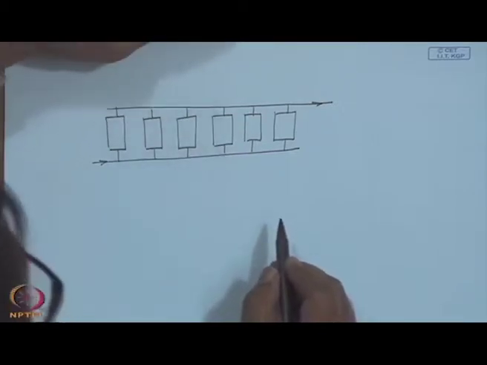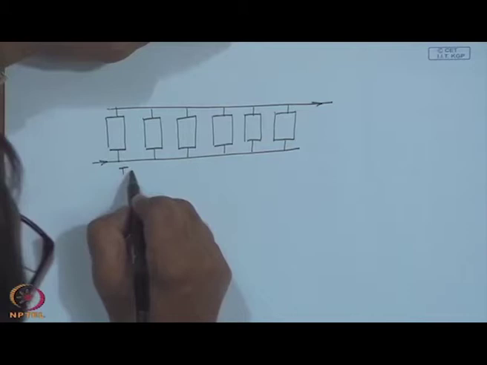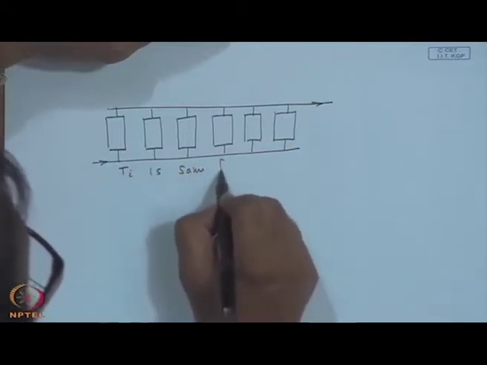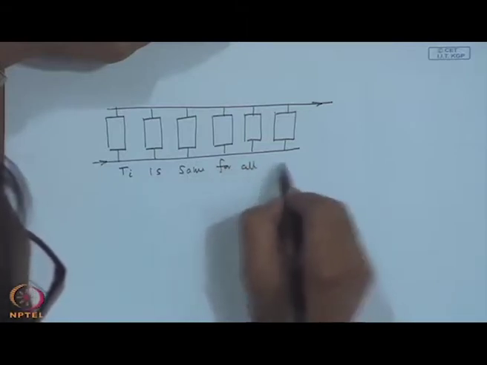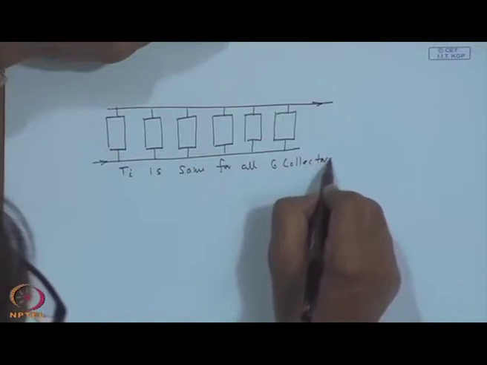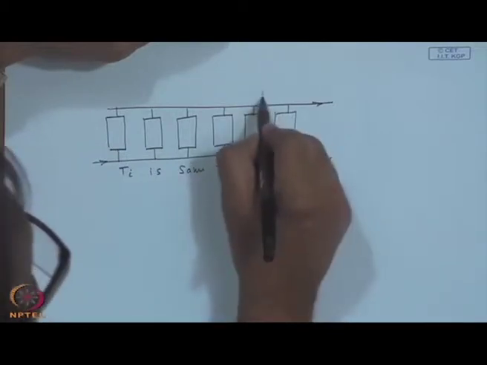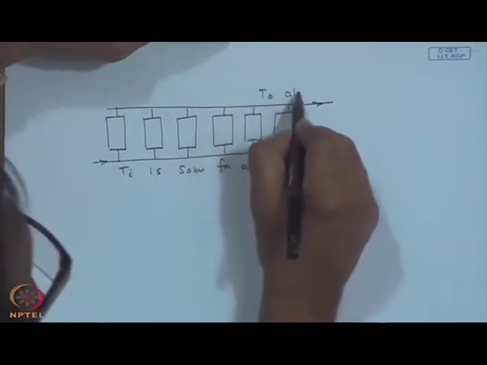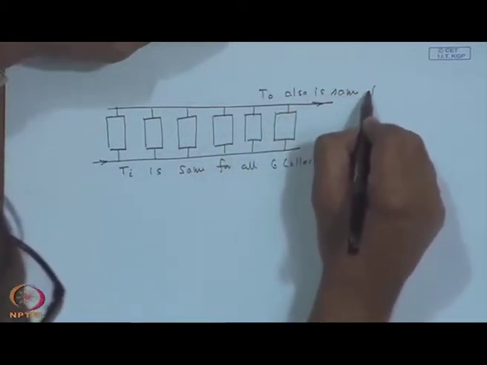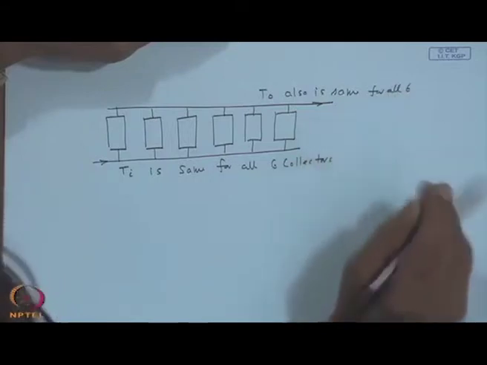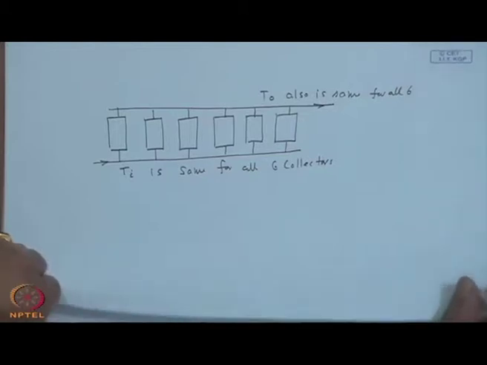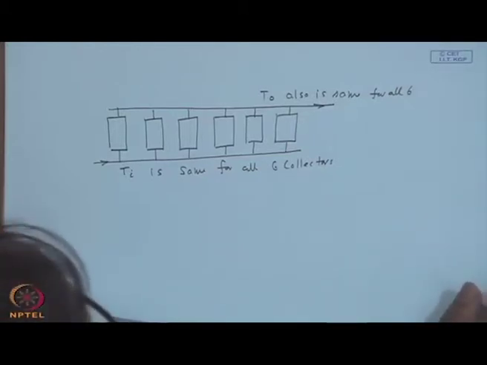This is one arrangement. So, T I is same for all 6 collectors, and similarly T O also is same for all 6. We are assuming that there is a uniform flow rate and all the collectors are of the same efficiency.